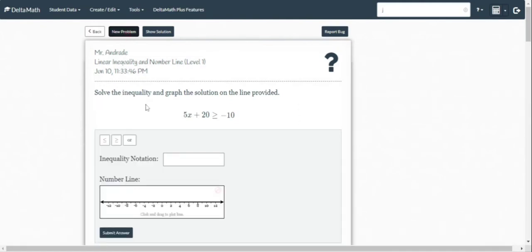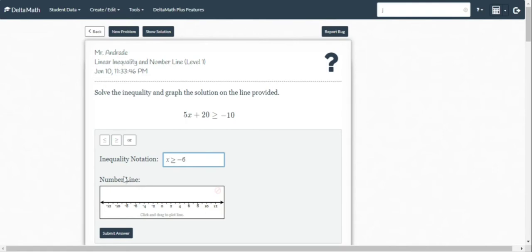Solve the inequality and graph the solution on the line provided. Again, here's our variable. We're going to get rid of the 20 by subtracting it, and then we're going to divide by 5. So negative 10 minus 20 gives me negative 30 divided by 5 is negative 6. So that means x is going to be greater than or equal to negative 6.